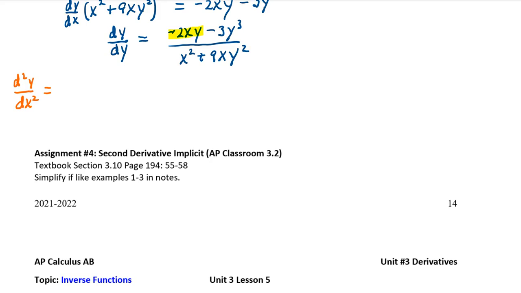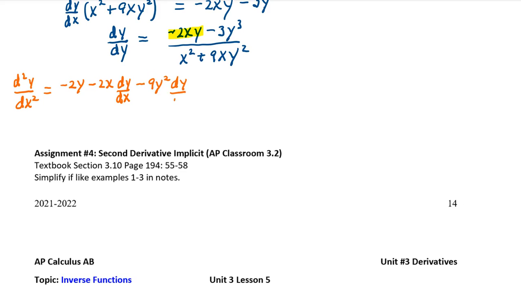We're going to do this piece right here. The derivative of negative 2x is negative 2 times the second, that's y, plus the first, which is negative 2x, times the derivative of y, that's dy dx. I'm not even done yet here, guys. I need the derivative of the second part here too, minus 9y squared times dy dx.